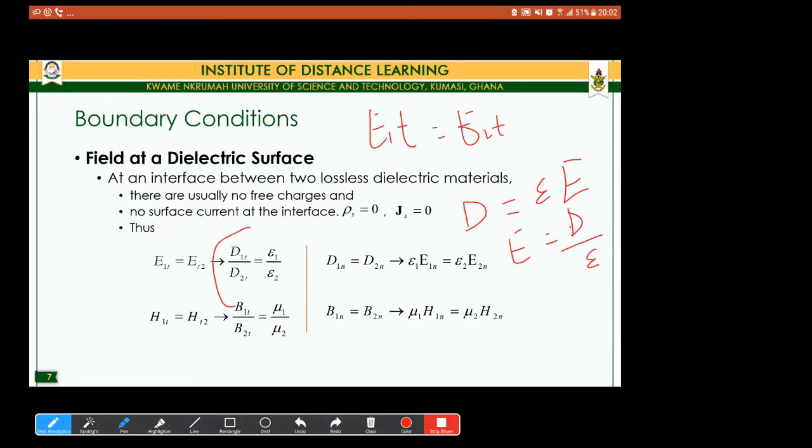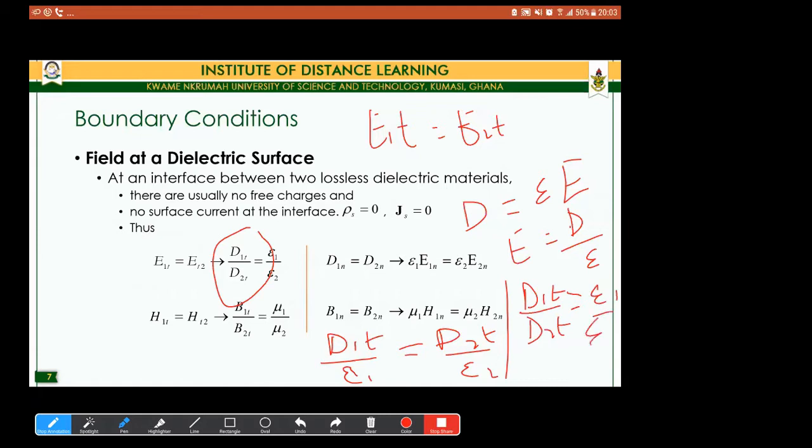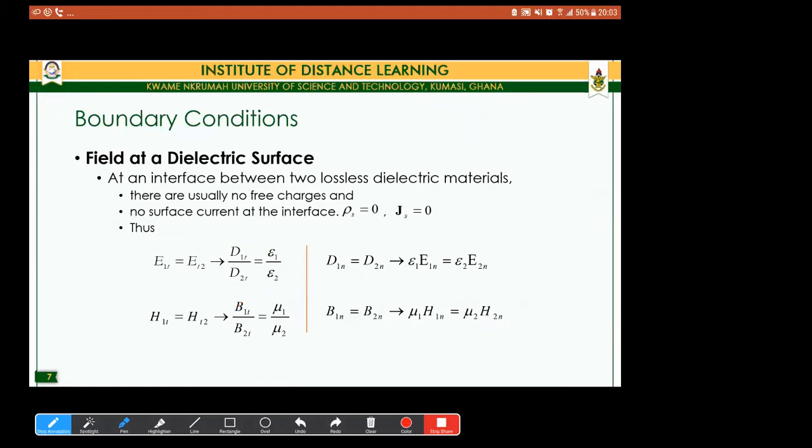So we can write that D1 tangential divided by epsilon 1 will be equal to D2 tangential divided by epsilon 2. Or you can bring D2 down here, and then D1 tangential over D2 tangential will be equal to epsilon 1 divided by epsilon 2. And that's the result that we have here.